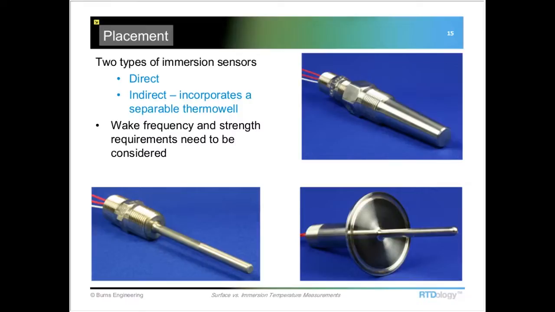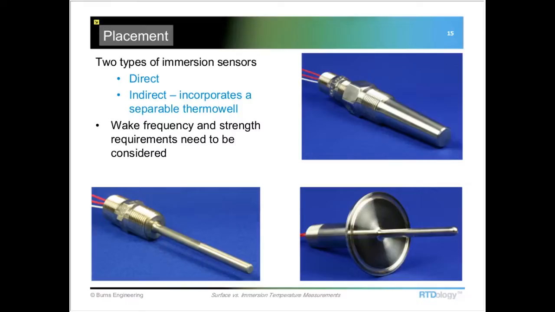There are two error sources, and the sensor part of it is certainly one of them. And it doesn't hurt to start out with the most accurate sensor that you can get. The biggest errors, though, with most surface mount sensors come from the installation and the ambient conditions affecting it.